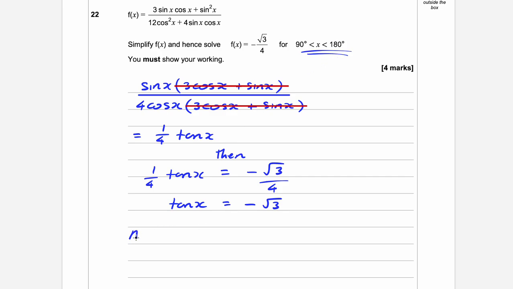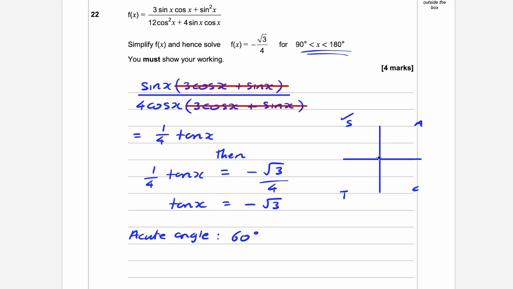I'm going to get the acute angle. Inverse tan of root 3. That's one of those ones that you have to know, guys. Root 3, it is 60 degrees. And then I'm going to go to my CAST diagram here. My acute angle has to be negative, so it has to be in the S or C quadrant, but he's already told us it's in this quadrant, it's here.